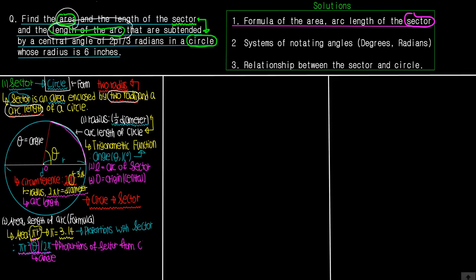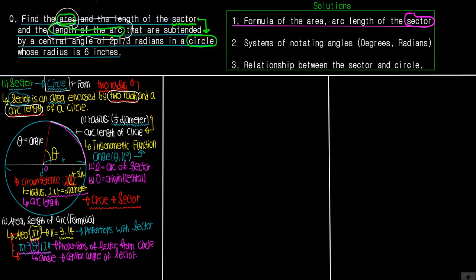So from our circle, we notate it by this specific angle. What is the main angle? The angle will be the central angle of our sector. This is the difference between the area of our circle and the area of our sector.